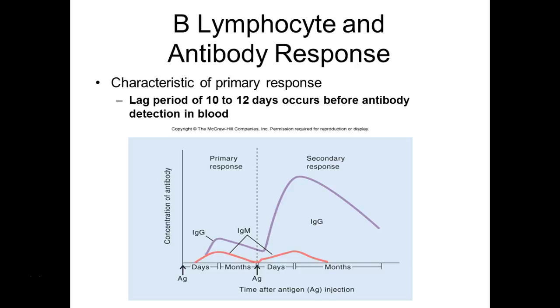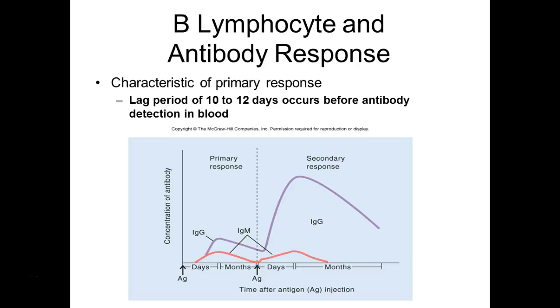So just like I talked about with the flu vaccine, you go get the shot. How long is it going to take before your body produces antibodies? On average, 7 to 14 days. So are you protected in that lag period before you're making antibodies? No.